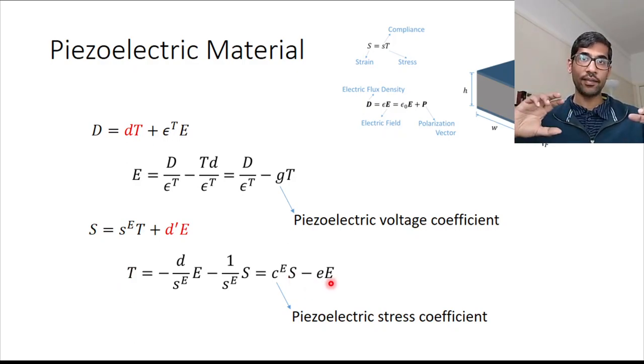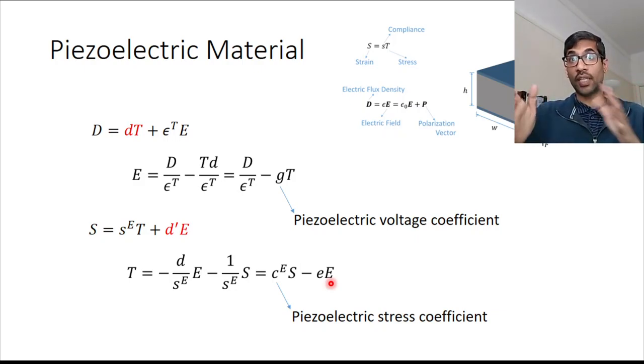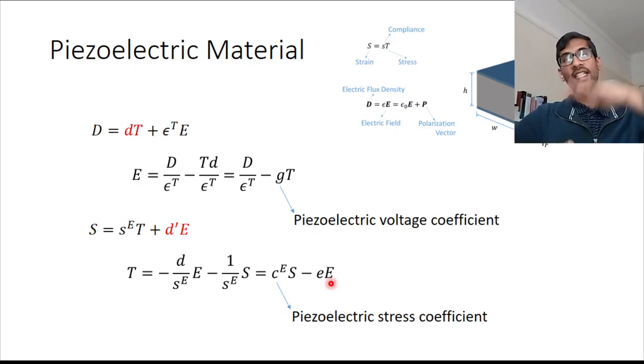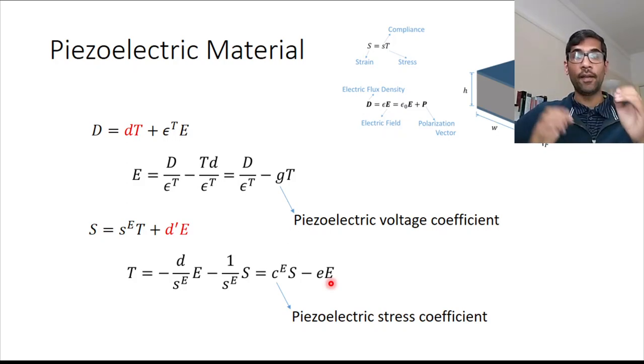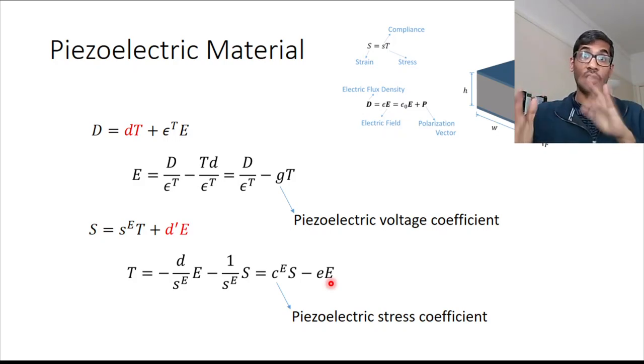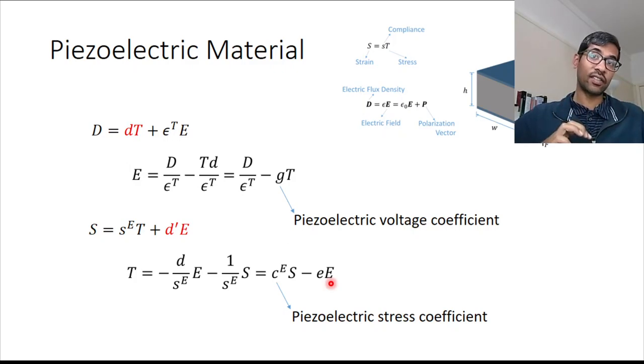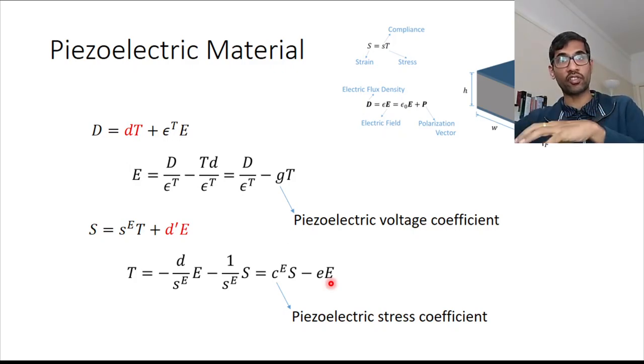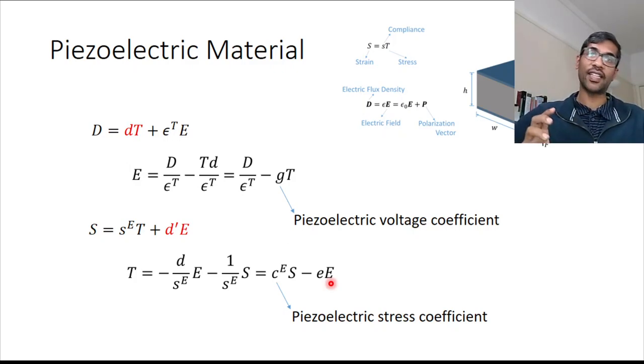So the idea that I want you to get is that in a normal capacitor without a piezoelectric material, you have the electrical phenomenon going on if you have a charge, the electric field, and you have a mechanical phenomenon going on if you have a stress. Now, in the piezoelectric effect, both those get linked together. So, an electric field causes a stress or a strain, and a strain causes an electric field.